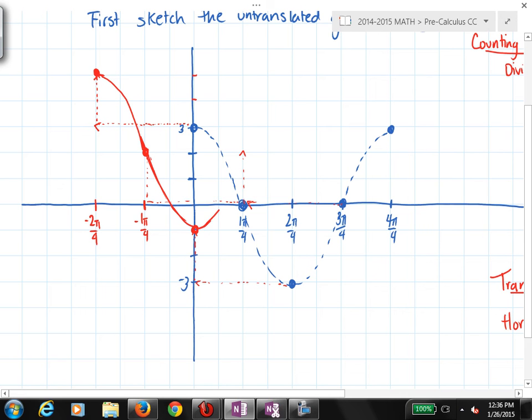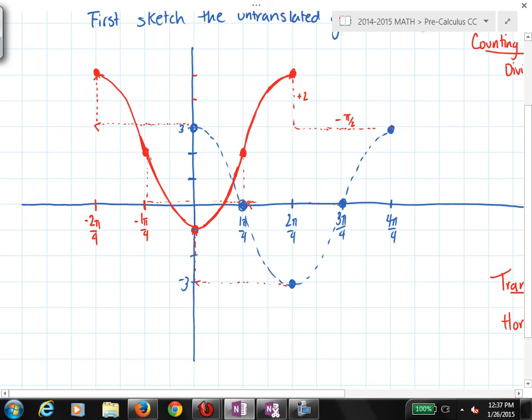Now, the only thing is that you want to be careful with where the points land, because we're going to eventually need the coordinates for those points. So this is 1, that's pi over 4, but I need to go another pi over 4 and up 2 units. So just be careful when you translate it. For example, this point I was going negative pi over 2, and then up 2 units.